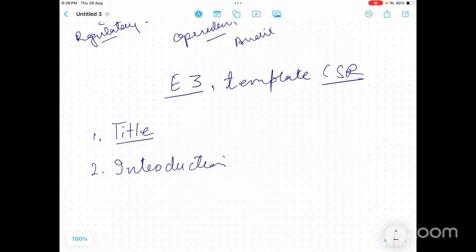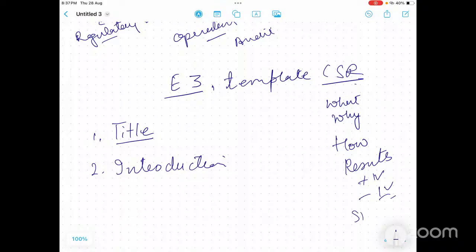Generally, in a clinical study report we try to answer what we have done, why we have done, how we have done. What results we got? Are they positive or negative results? And what the SAS analysis is saying. At the end, we attach everything like your protocol, ICF, narratives, audit reports, everything attached to CSR. CSR is a big, big document.